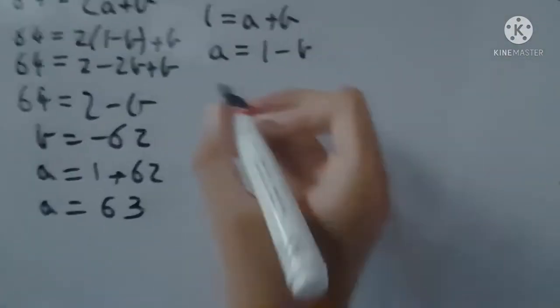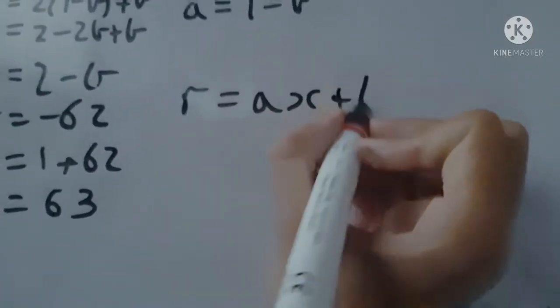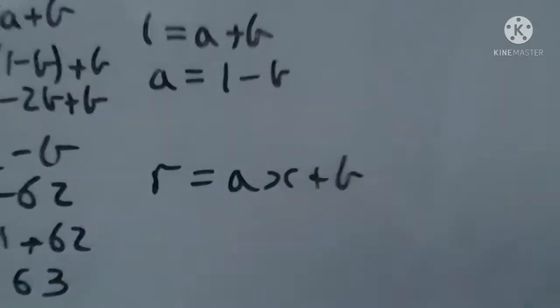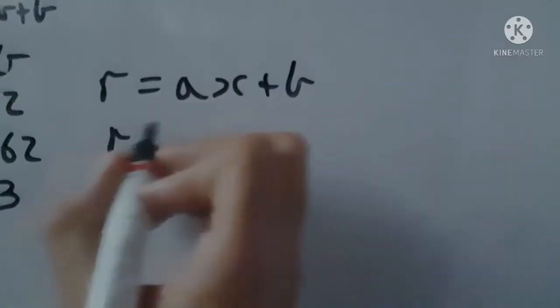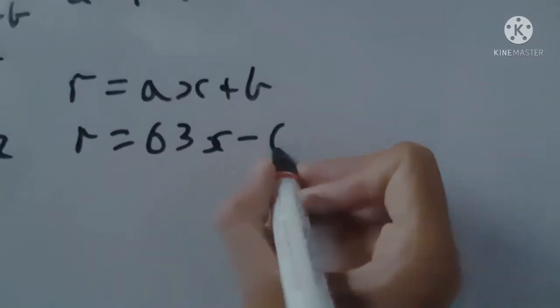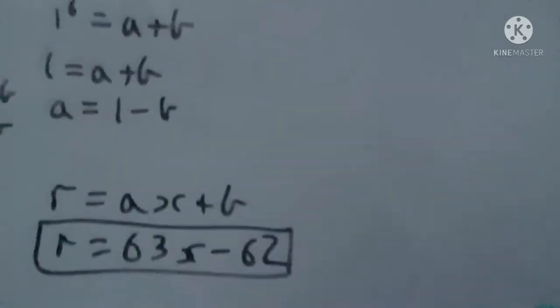We're told to find the value of r. And as you know, r is ax plus b. So we know r is 63x minus 62.